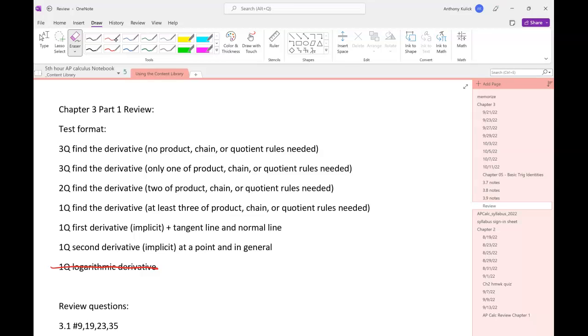Well, 4 things to get 3 product rules, but yes, that's what I mean. It doesn't necessarily mean I'm going to have a chain, product, and quotient all in the same problem. It might be that, or 2 products and a chain, or 3 chains. It just means you have to use at least 3 of the rules.